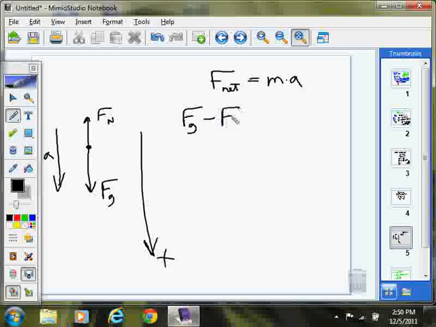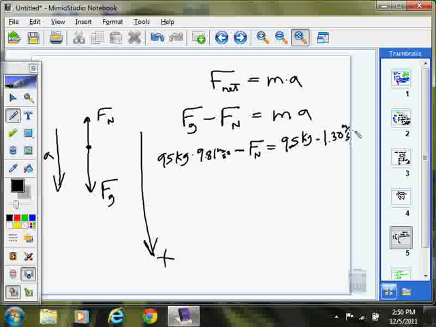Exactly. And that's going to equal m times a. And this over here is going to be 95 kilograms times 9.81 meters per second squared minus Fn equals 95 kilograms times the acceleration. And they say it's a downward acceleration of 1.3 meters per second squared. But since I have down as the positive direction, it's just going to be positive.